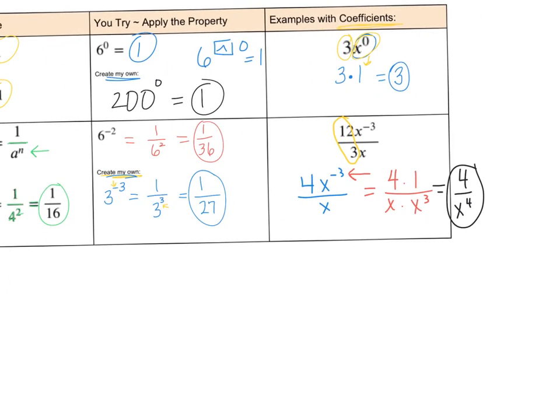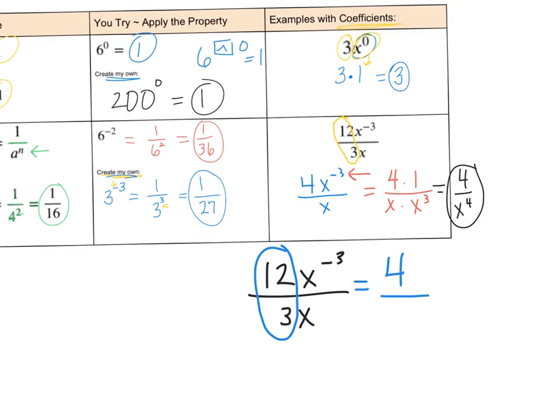Another way would be, let me just rewrite it down in this space here and I'll show you another way to handle this. Okay, another way to handle this would be, just do our regular math with our coefficients. So that's 4. And then if we did the quotient rule, keep the base, subtract the exponents. So that'd be a 1. So this would be x. Keep the base and subtract. So negative 3 minus 1 would be x to the negative 4.